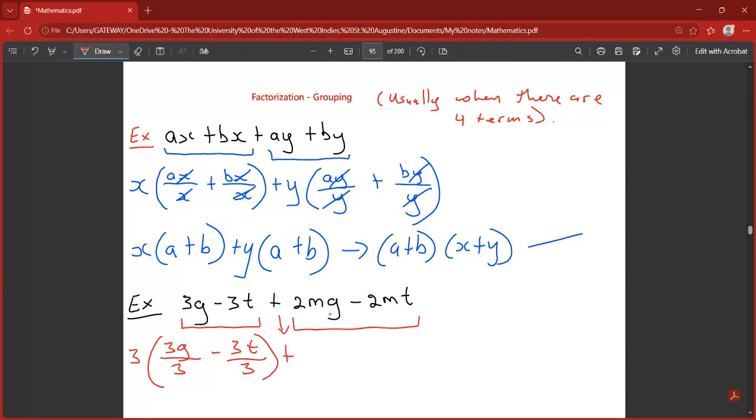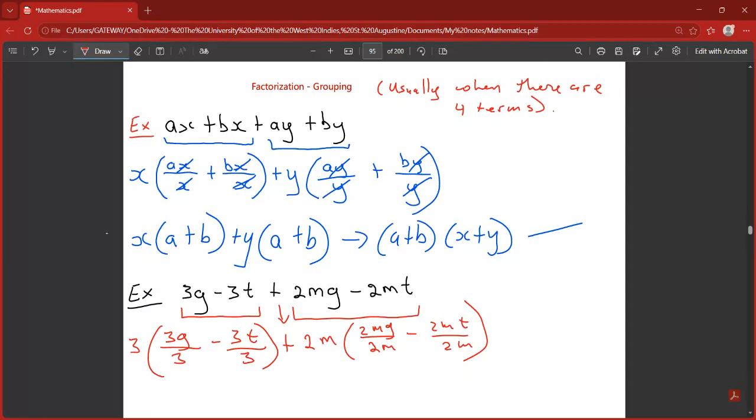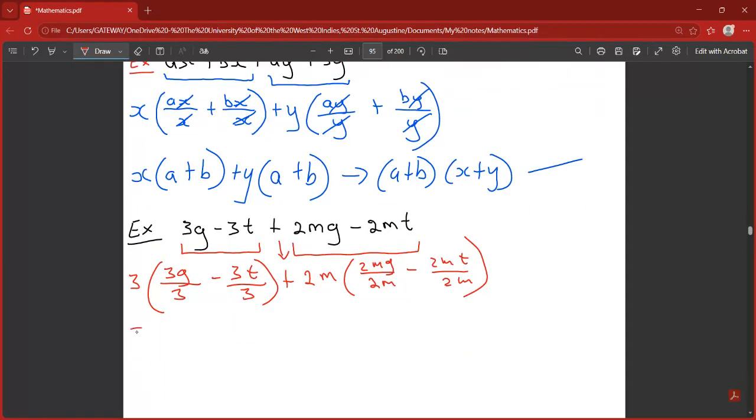What is common between 2mg and 2mt? Well, the 2m is common, open bracket. 2mg divided by the 2m, and put your minus sign, 2mt divided by 2m. So now the next step is to simplify this. You write back 3, open bracket. 3g divided by 3, the 3 cancel off, you remain with g. Minus sign. 3t divided by 3, the 3 cancel off, you remain with t.